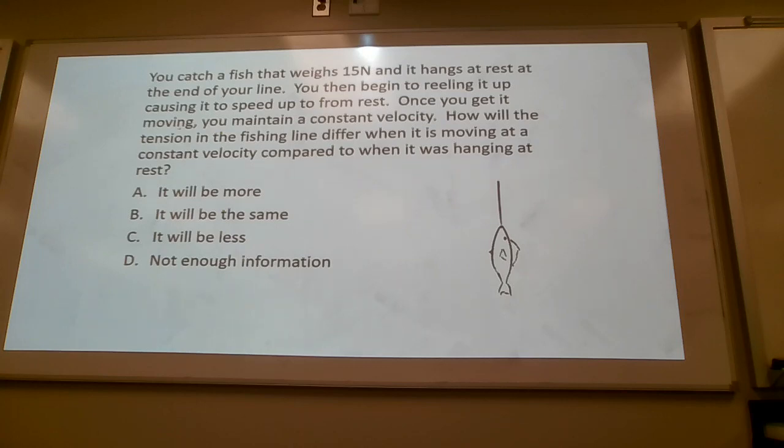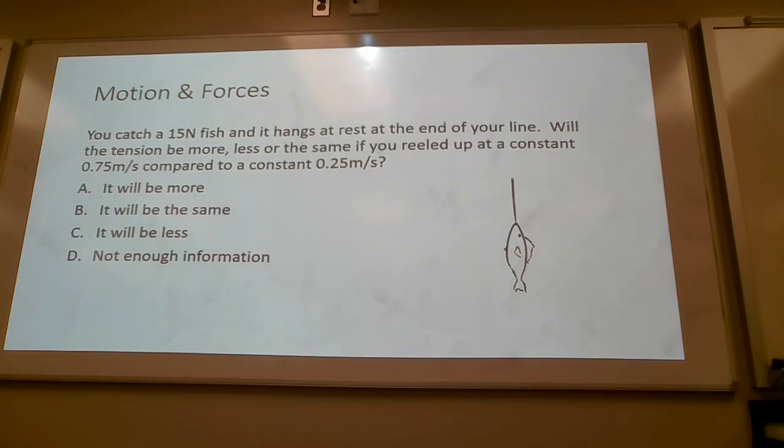Correct answer is B. Moving at a constant velocity, some of the forces are equal to 0. Okay. Here is a follow-up question.